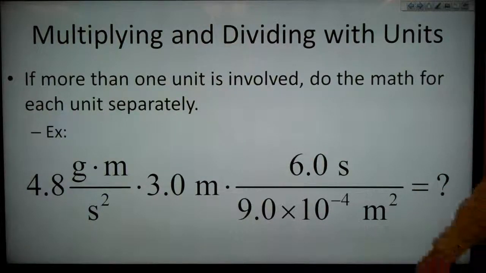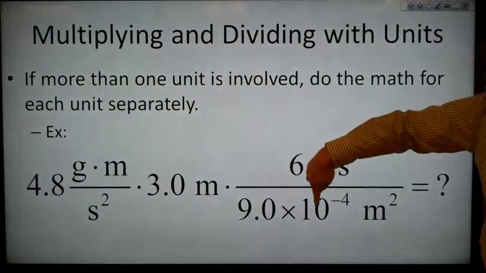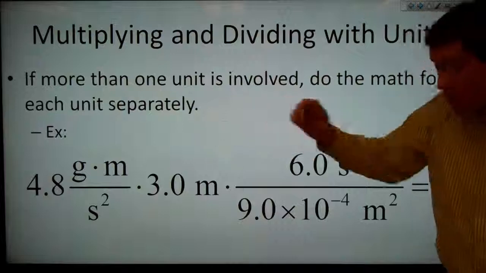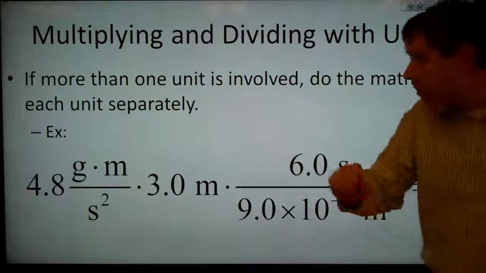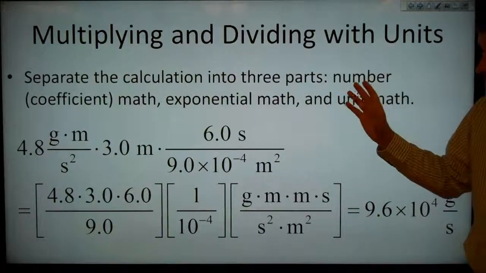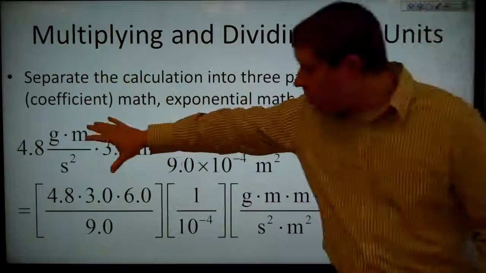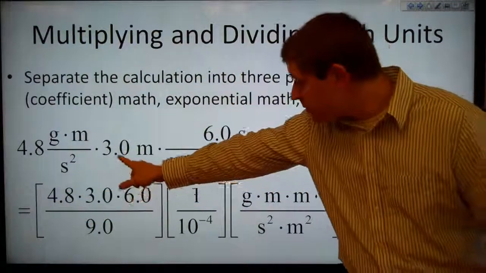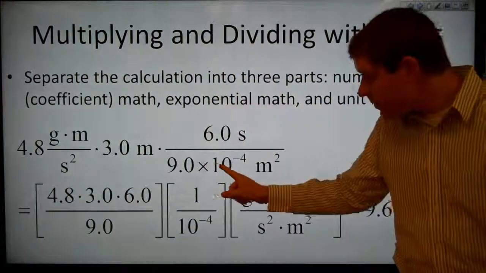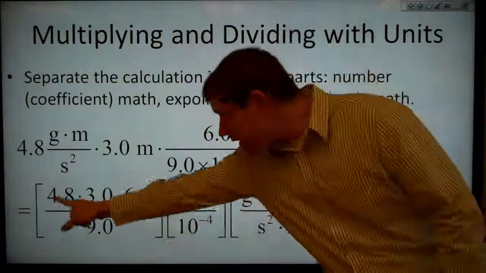We need to do the number math, the exponential math, and the unit math separately. So we're going to separate them out. We're going to separate our calculation into 3 parts: the number or coefficient math, the exponential math, and our unit math. So we'll pull all of our numbers: 4.8 times 3.0 times 6.0 divided by 9.0. That's this first set of brackets.